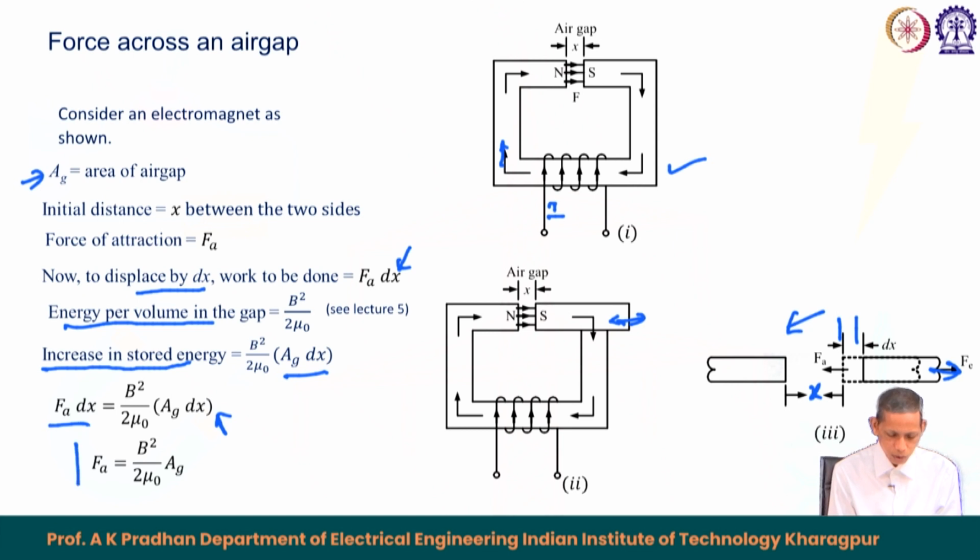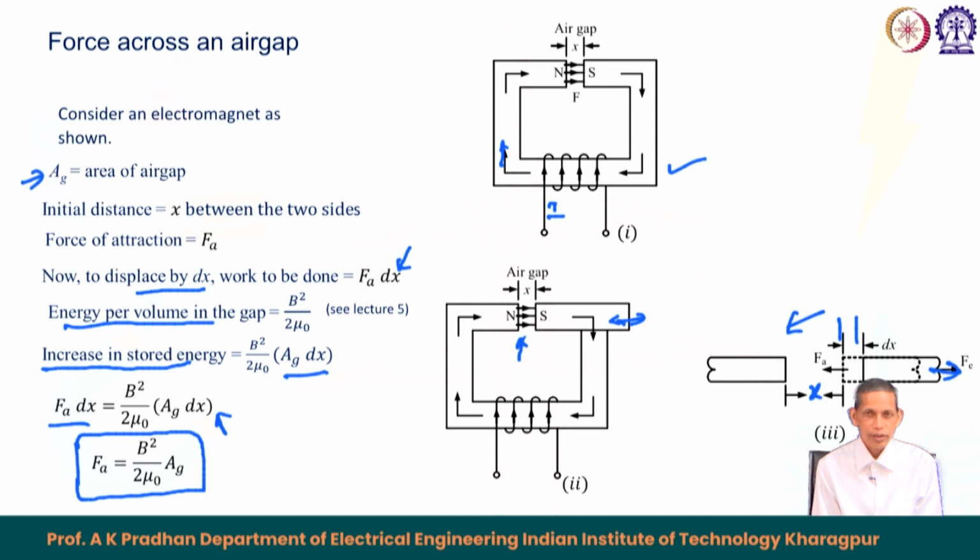That leads to the equation: the force of attraction between the two poles in the air gap equals B square upon 2 mu naught into A g, where B is the flux density in the air gap, A g the air gap area, and mu naught the permeability of free space.